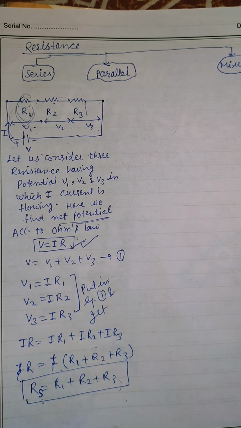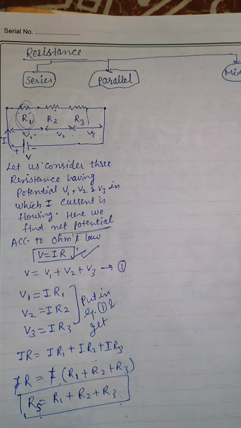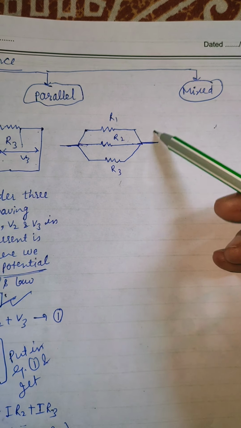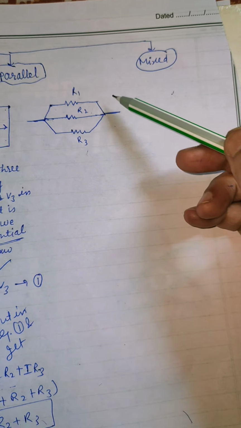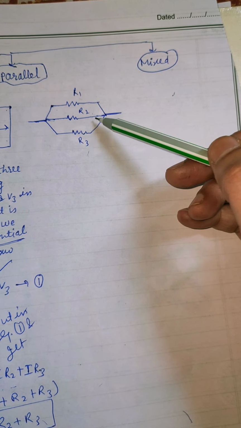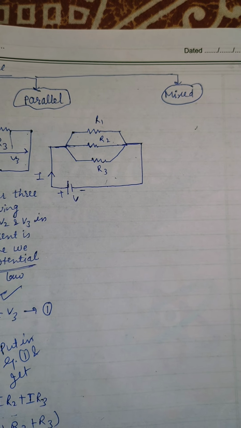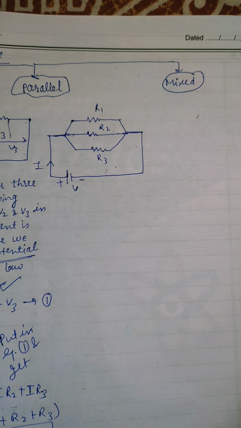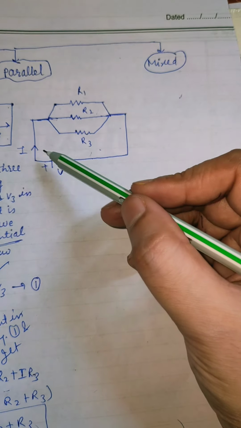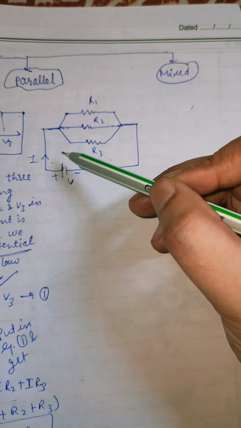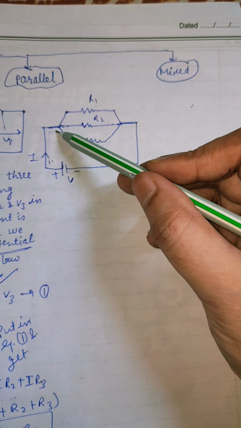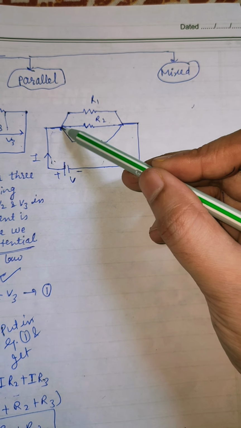Now we find resistance in parallel. This combination is known as resistance in parallel. Here we take three resistances R1, R2 and R3. You can take any number of resistances. This is the circuit diagram for parallel resistance. I is the total current. When current I flows, it is divided into three parts.